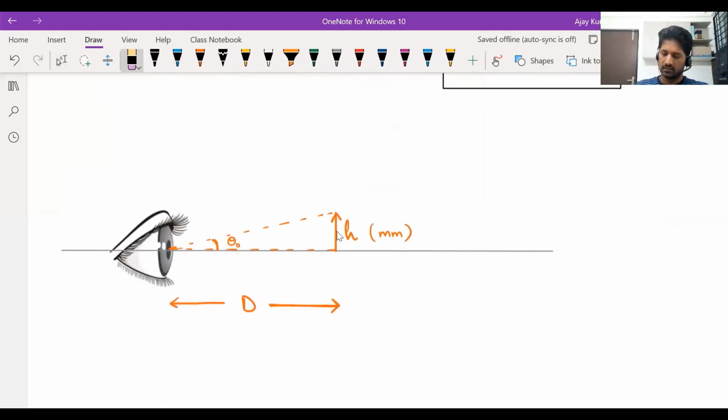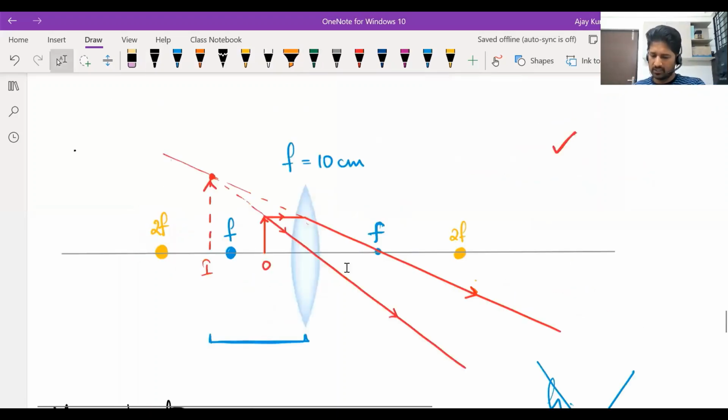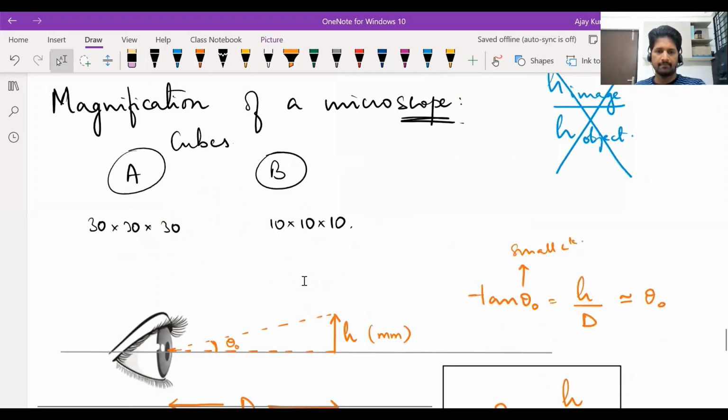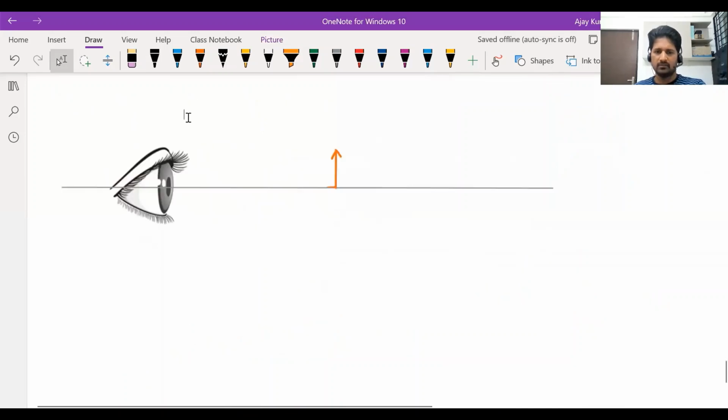And we want to see how the rays from the image enter into the eye. Suppose the object is somewhere here and you place a converging lens, that is a convex lens, between the eye and the object. Let's assume the lens is placed very close to the eye. Or actually we can bring the eye into the picture later.